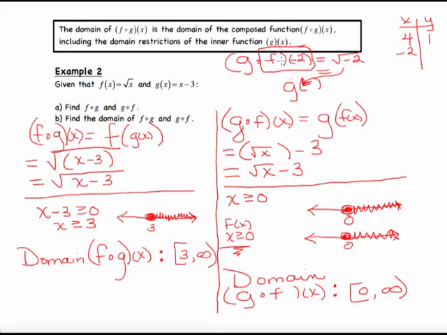They cancel out, or terms get combined, or fractions disappear when you're cleaning things up, and you just don't get to see those original domain restrictions. So that is why we find the domain of our new composed function and then make sure we include any domain restrictions from the inner function as well.